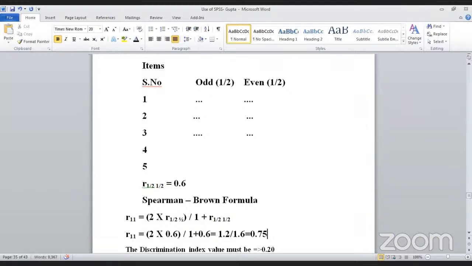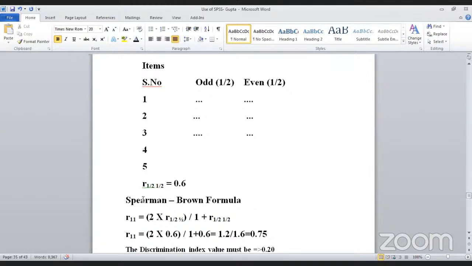Otherwise, you cannot have two parallel forms, because one particular tool, you are divided into two parallel parts. So that is what is more important. So therefore, this is how you have to compute your correlation for the whole of the tool by using the Spearman-Brown formula.